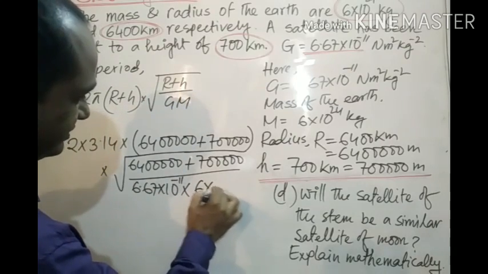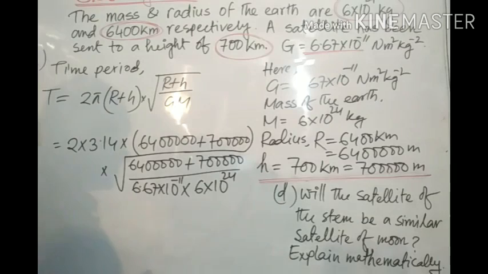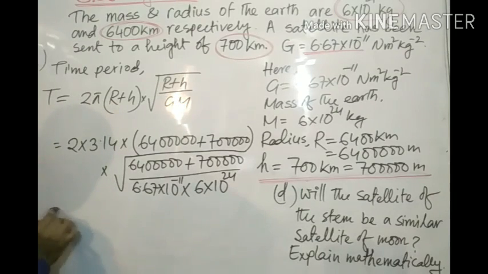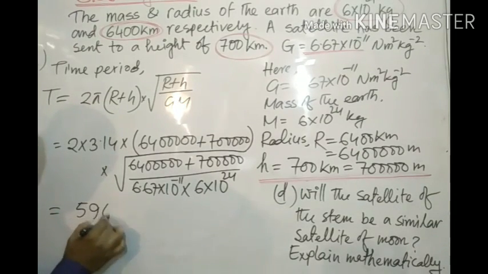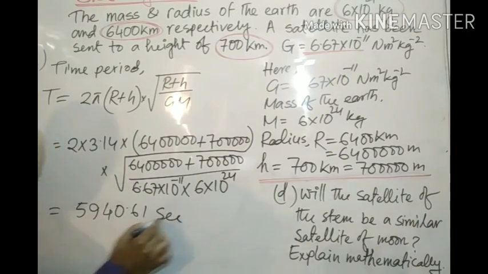M means 6 × 10^24. Then we have to calculate this carefully, right? The expression is a little bit complex, so we have to calculate it carefully, and our calculated value will be 5940.61 seconds.